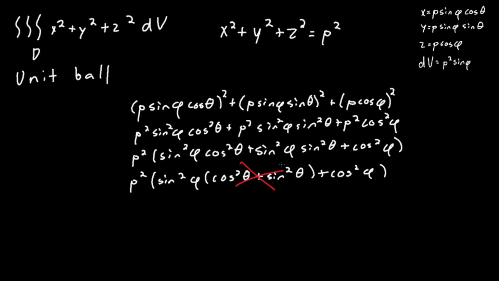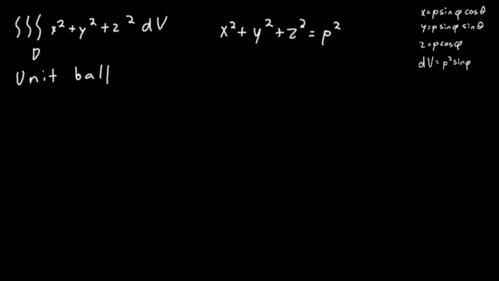So we can actually cancel this out. P squared times sine squared phi plus cosine squared phi. That's all we're left with. And again, this is the sine squared cosine squared identity, so this equals 1. And we're left with p squared. So what we actually have here is the integrand of p squared.